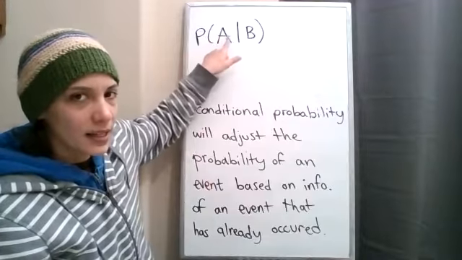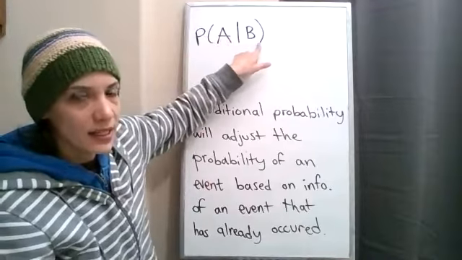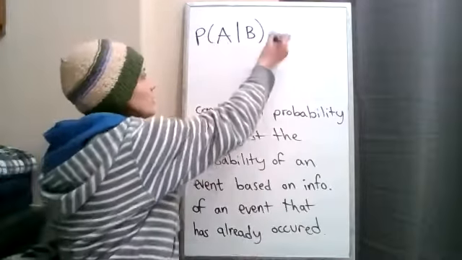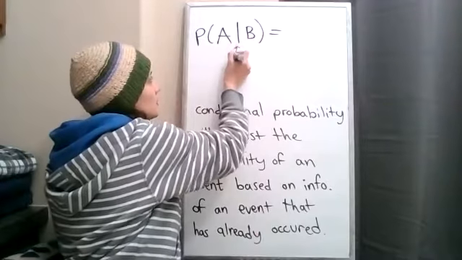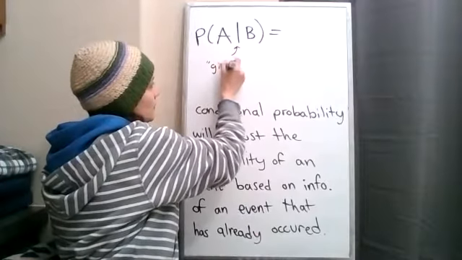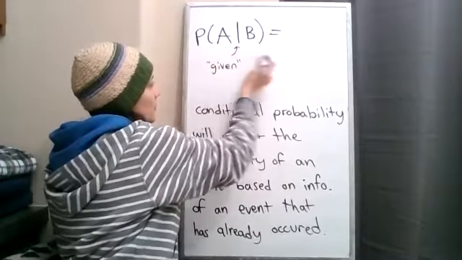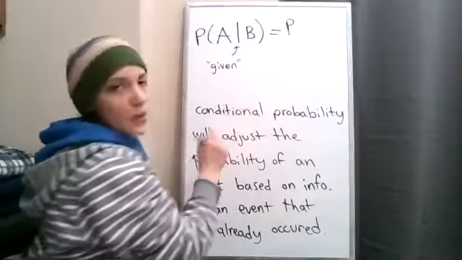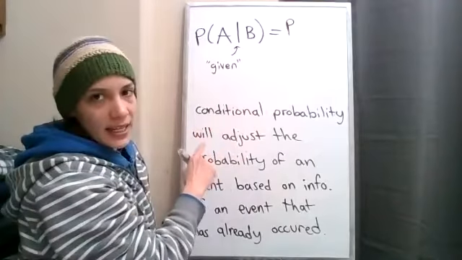Probability of A given B is equal to the probability of A intersect B, and then divide by the probability of B.